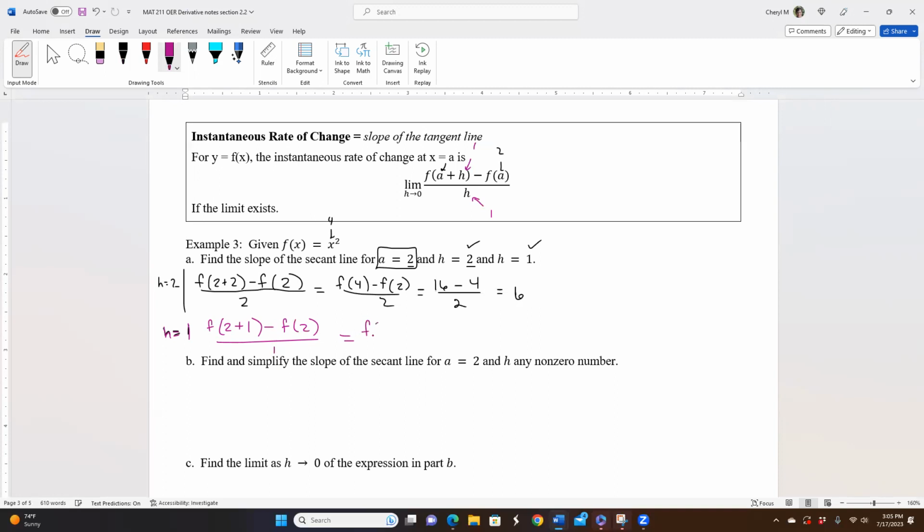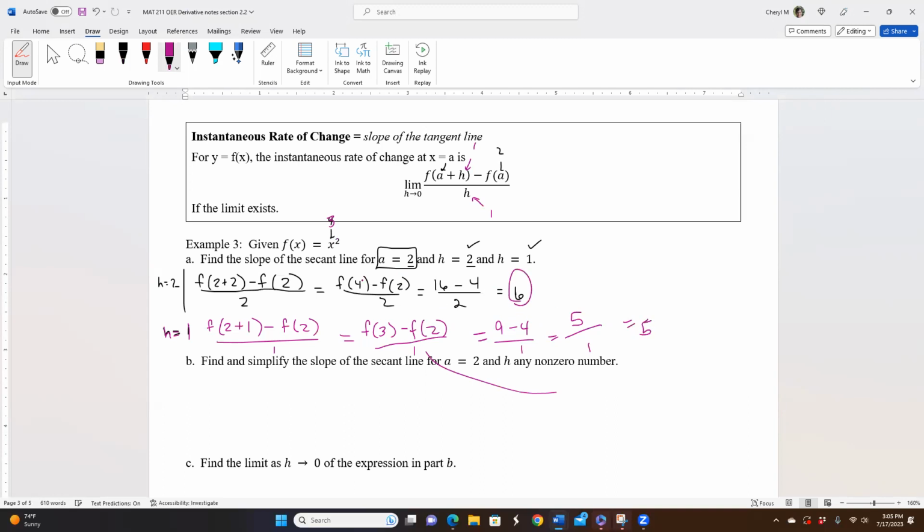F of 2 plus 1 means f of 3 minus f of 2, over 1. F of 3 means we're substituting a 3 in for x. 3 squared is 9. F of 2, we already know, is 4. So this would be 5 over 1, or 5.